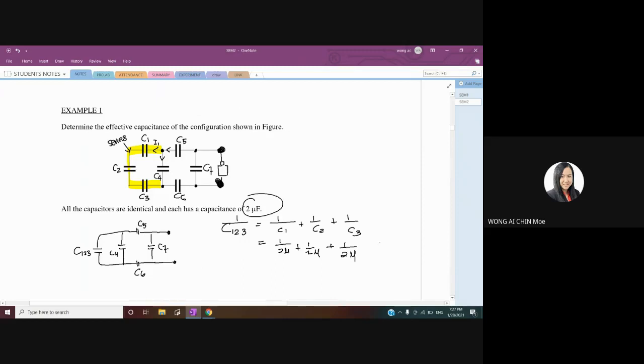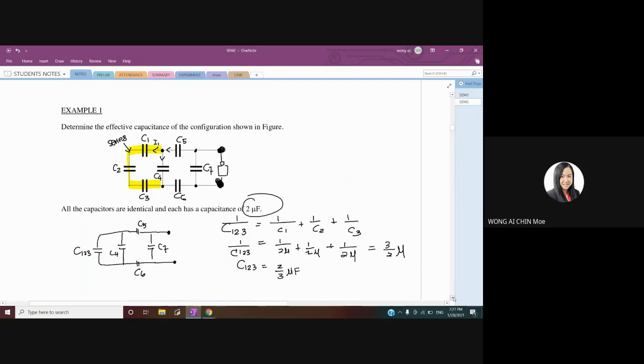We will get 3 over 2 micro. Then C1, 2, 3 will become 2 over 3 microfarad, because it's 1 over C.